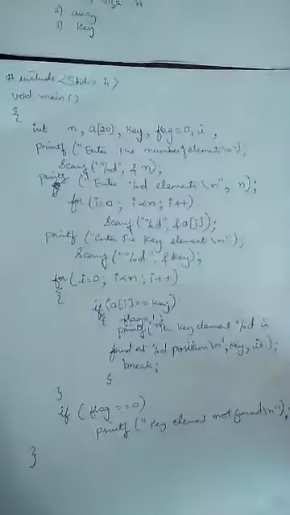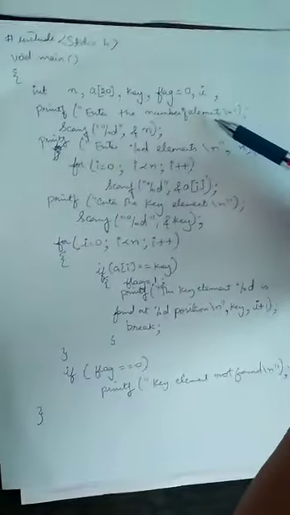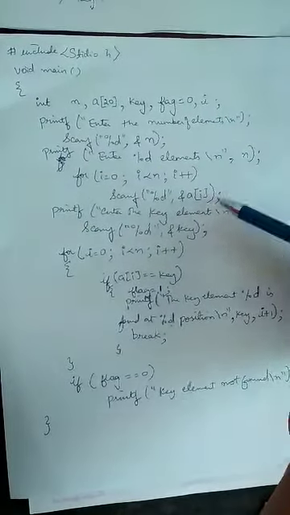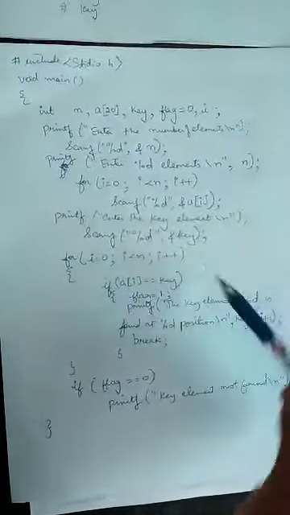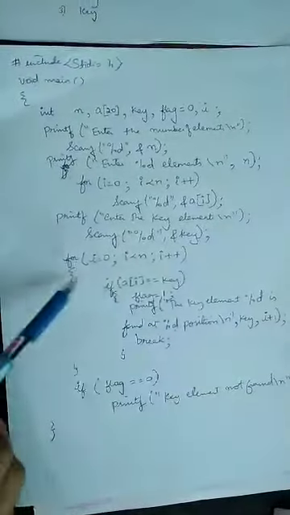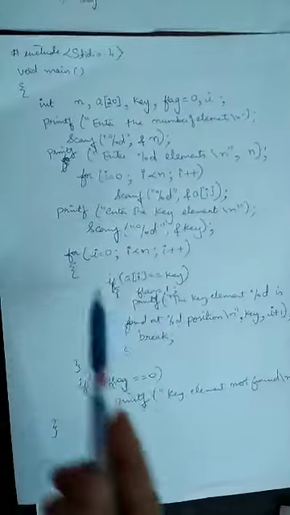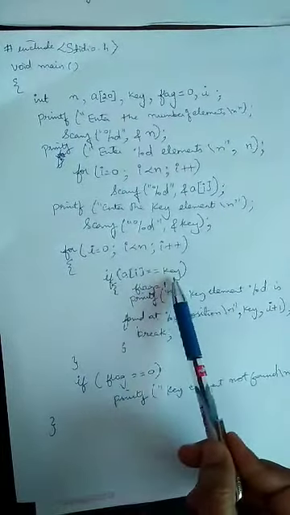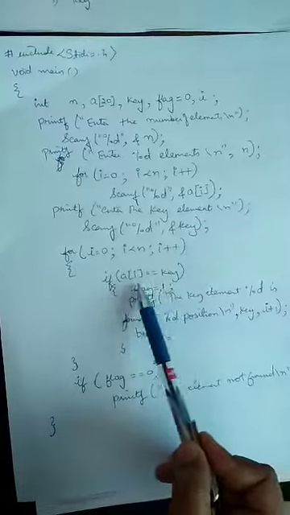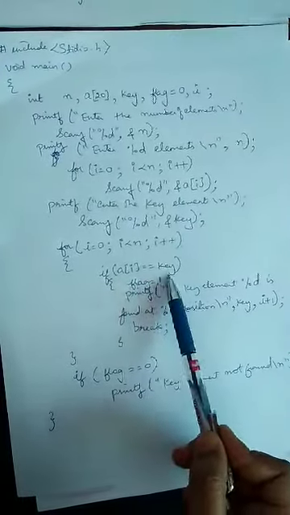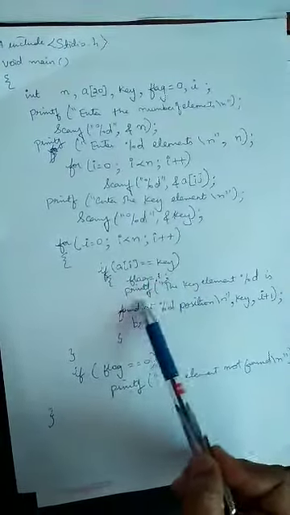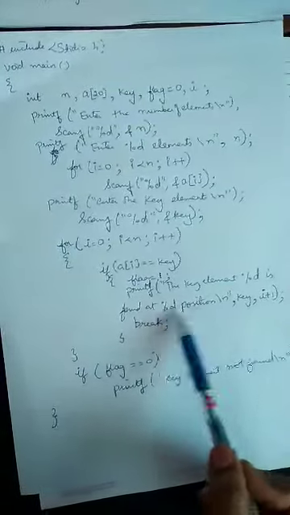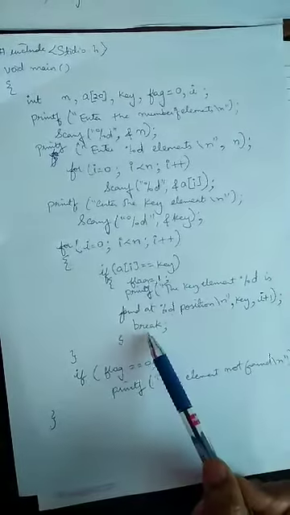Okay, so what we did is we read n, the size, and we read the array elements and the key to be searched. We are using a for loop to traverse the array linearly, so one by one we are comparing each element with the key element. In case it is found, the flag will be set to 1, we print that the key element is found at this position, and we encounter the break.